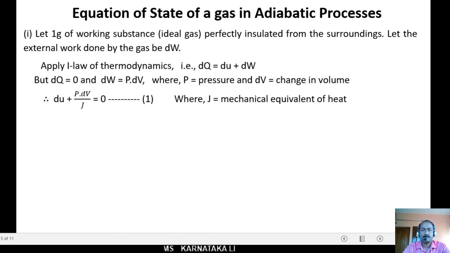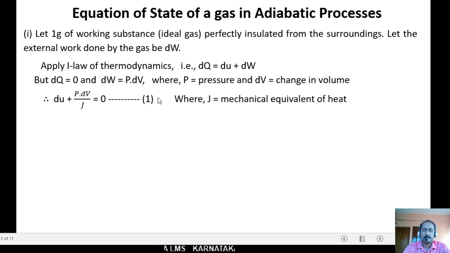By applying the first law of thermodynamics, the quantity of heat supplied to the gas, dQ, equals the internal energy plus the amount of work done.